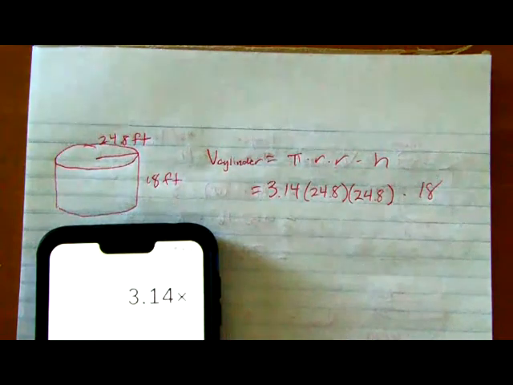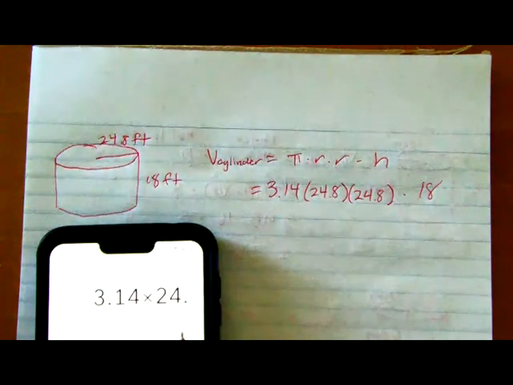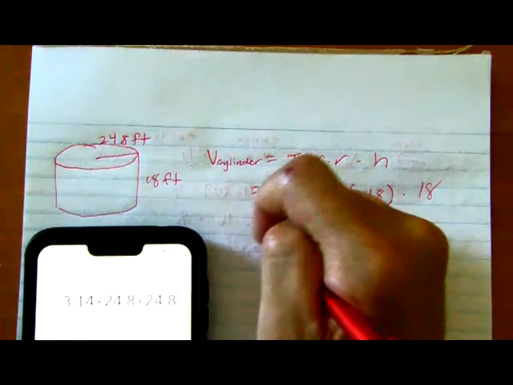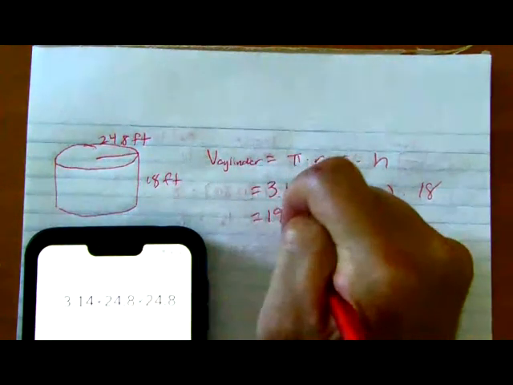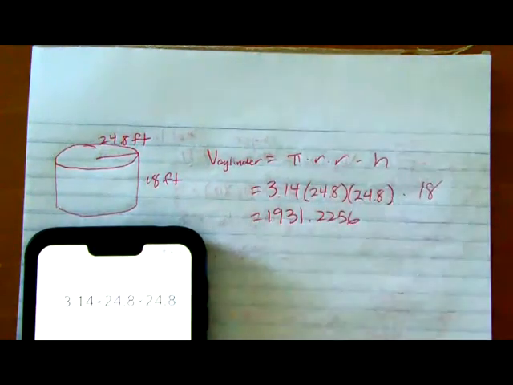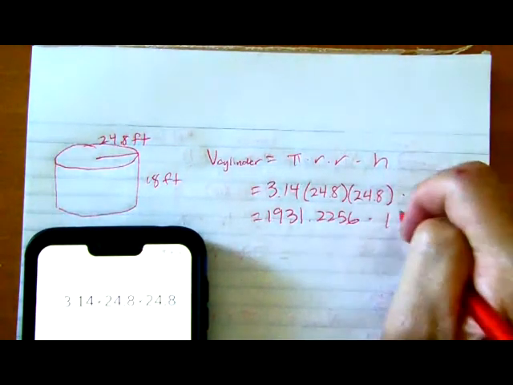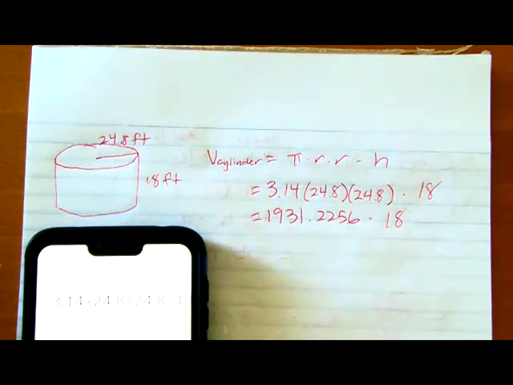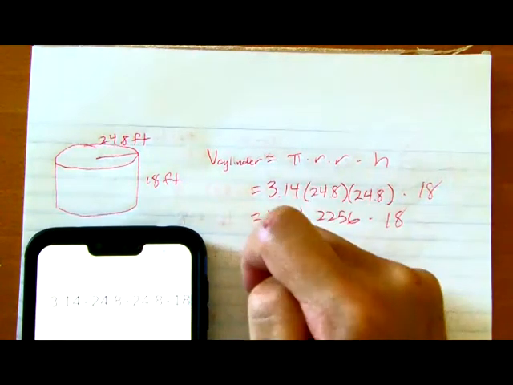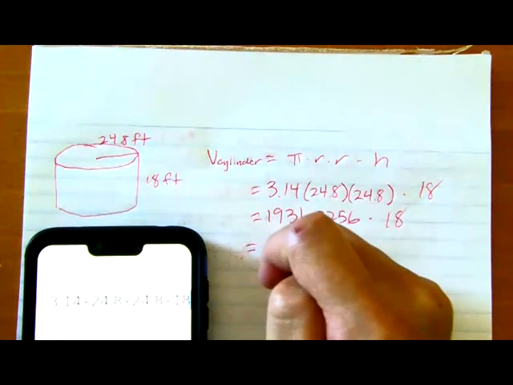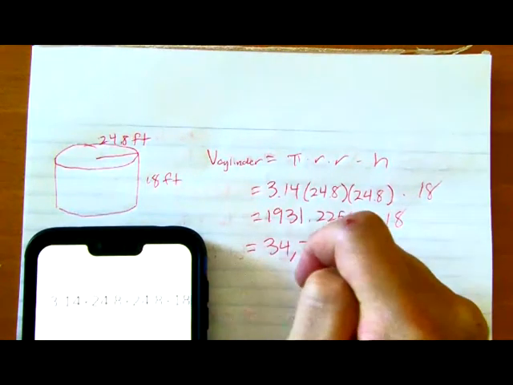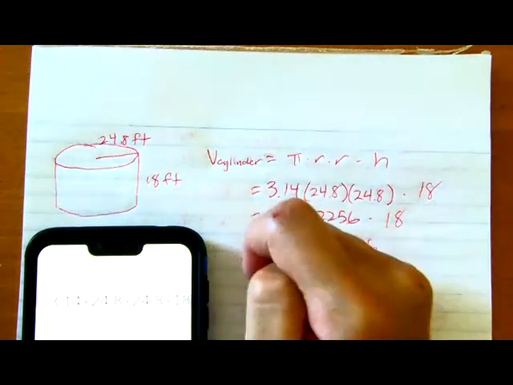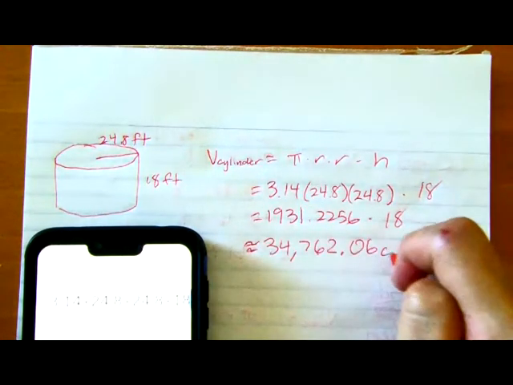So that's 1 layer, 1931.2256. Okay, I'm not going to round yet. I'm going to take that number and multiply it by the height. That'll give us approximately 34,762.06, approximately, cubic feet.